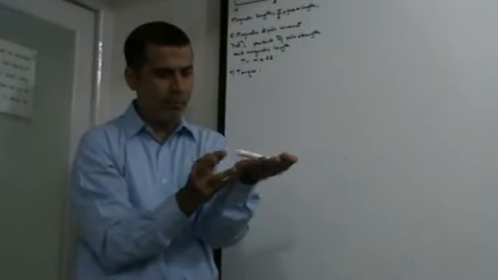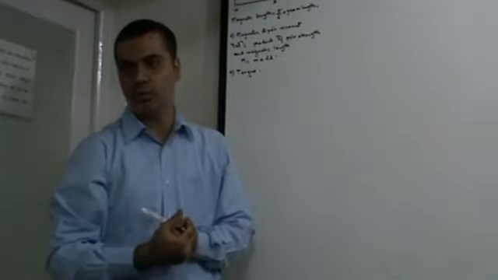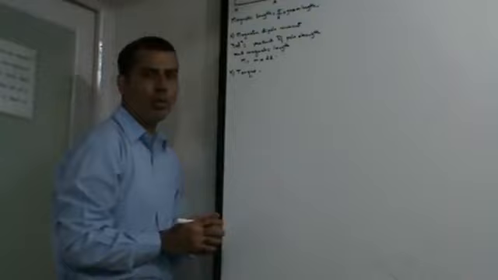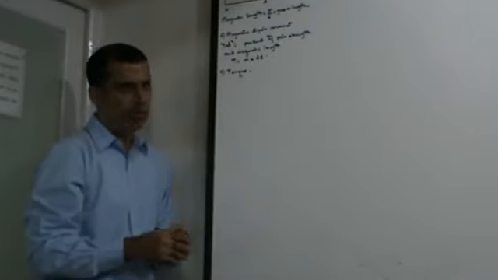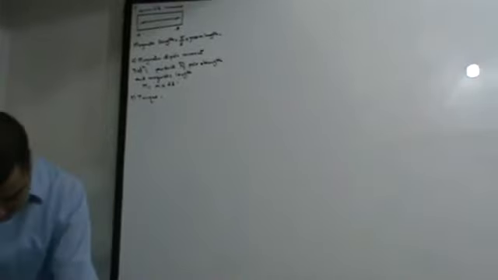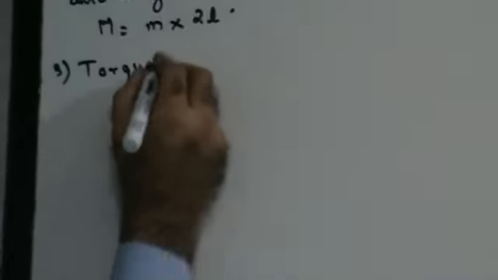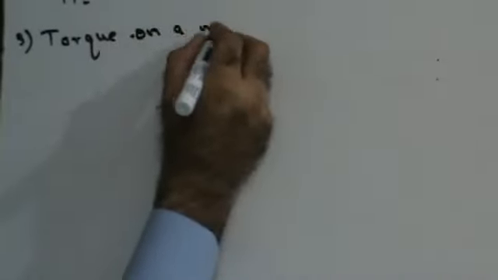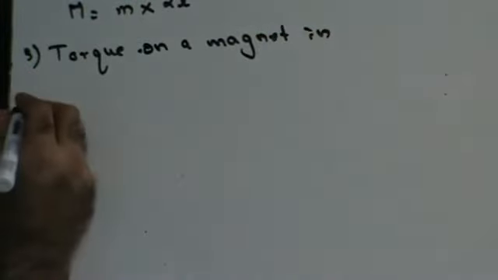If the body moves in circular motion, then that force is called torque. Torque is a force that produces circular motion. Now let us try to find out the torque on a magnet in a uniform magnetic induction.